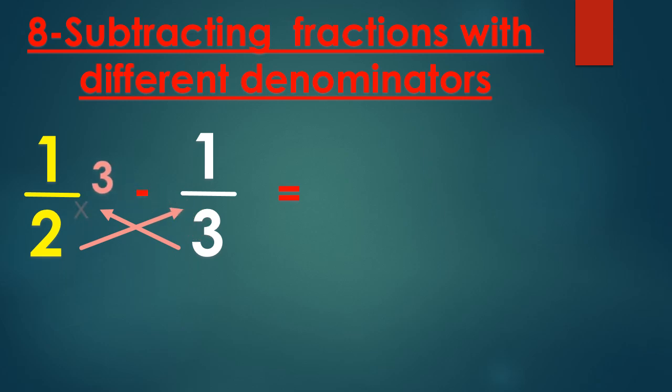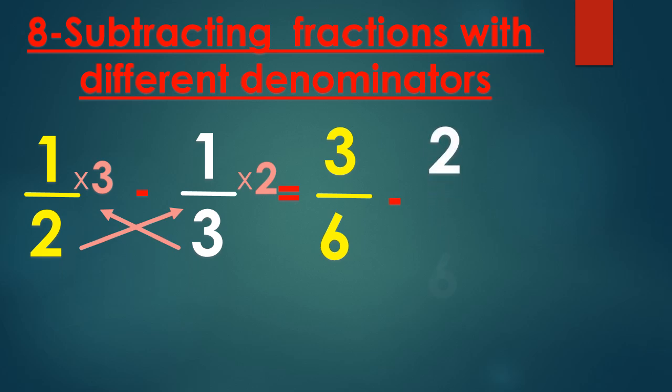We multiply the first fraction by the second denominator, which is 3, and the second fraction by the first denominator, which is 2. The first fraction multiplied by 3 will become 3 over 6, and the second fraction multiplied by 2 will become 2 over 6. We have now equal denominators, so we can subtract.